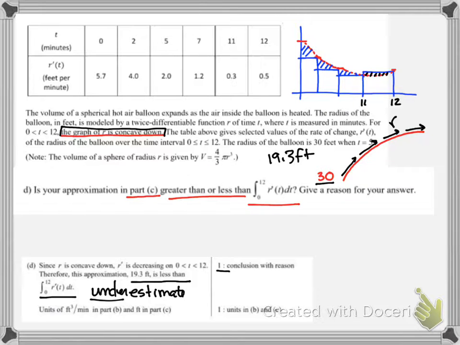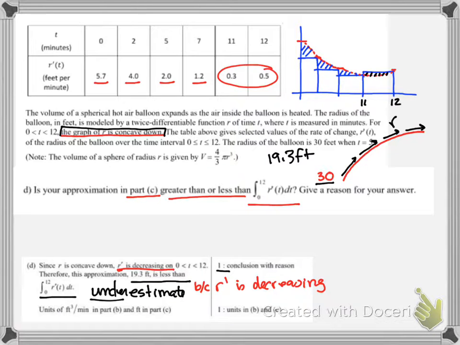So all of these numbers are positive, but they're getting less and less and less, which shows in our table. These are all positive, but they're getting less and less and less until we get to here. This appears to be a little bit of a problem with their problem, actually. And so because R is concave down, then we can say R prime is decreasing. And that's how we would finally get our last point, an underestimate because R prime is decreasing.